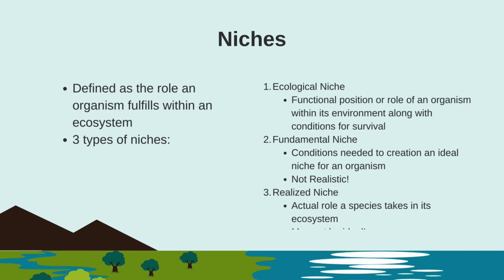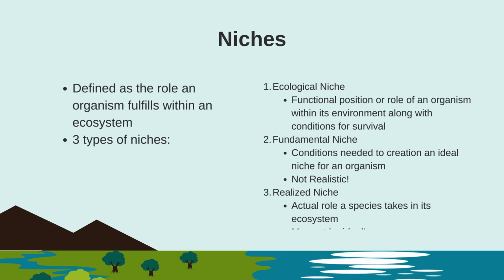Our fundamental niche is the conditions needed to create an ideal niche for an organism, and this is not realistic. Very few organisms will be able to live in their ideal home, their ideal niche within their ecosystem, mainly because there's too much competition, but we're going to get to that. And last but not least is a realized niche, and this is the actual role a species takes in its ecosystem.